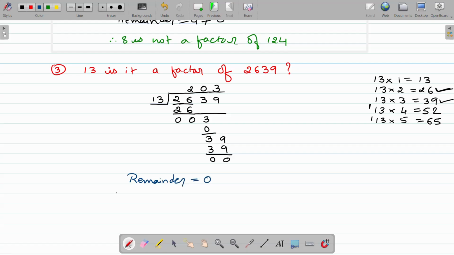If the remainder is 0, we conclude that 13 is a factor of the number 2639. So this way we identify whether the given number is a factor or not.